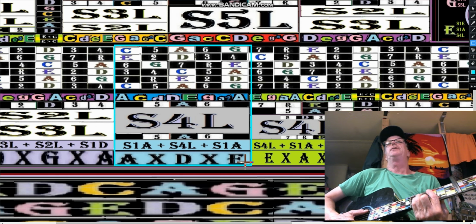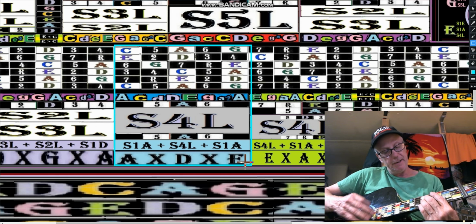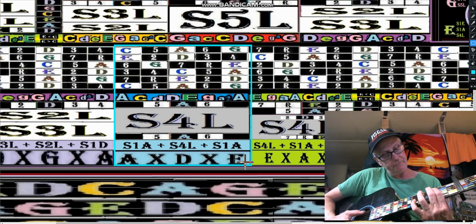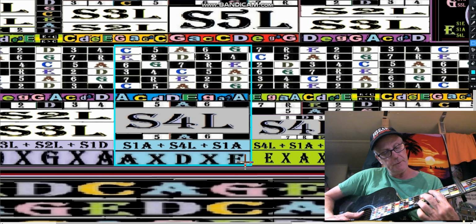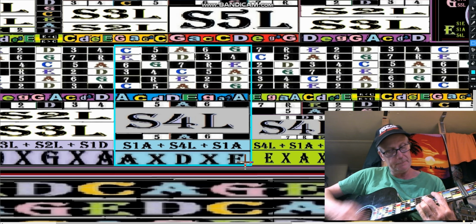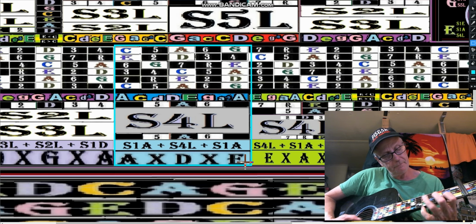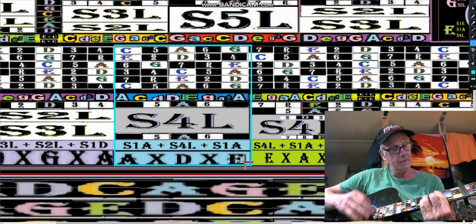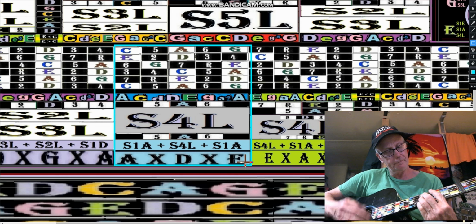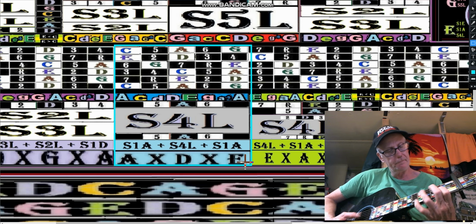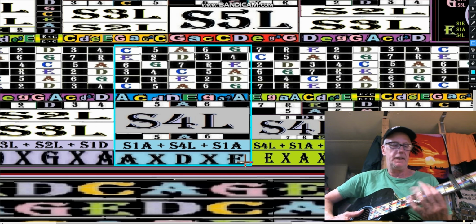So, let's look at the 1, 4, 5. We've got A shape. And then we got the D shape. That was the bottom part of an A pentatonic.